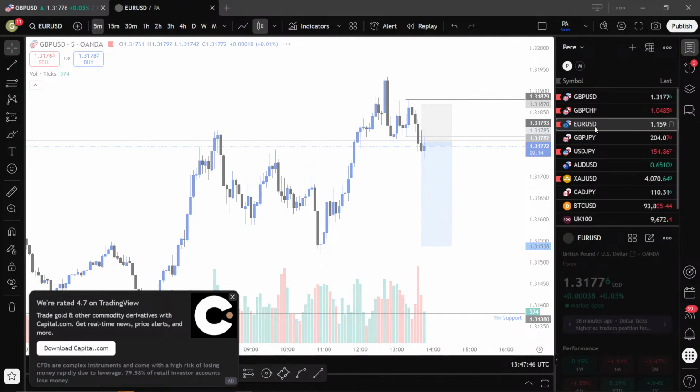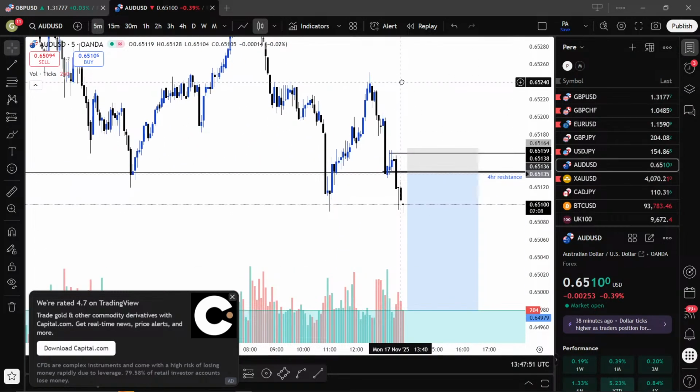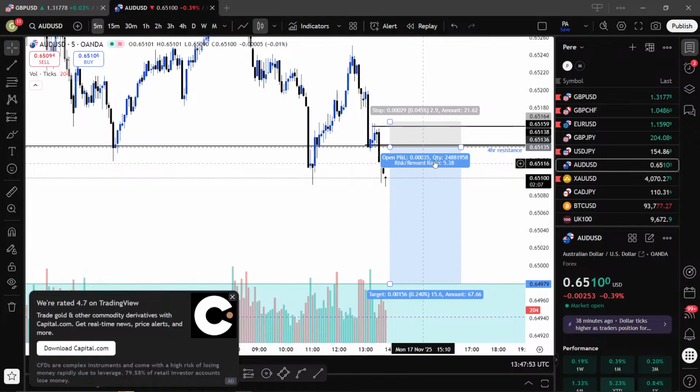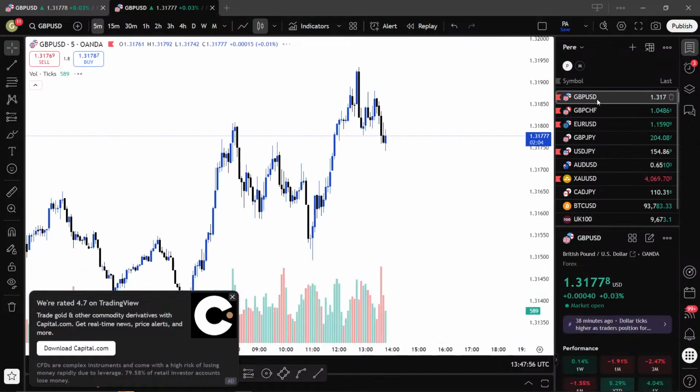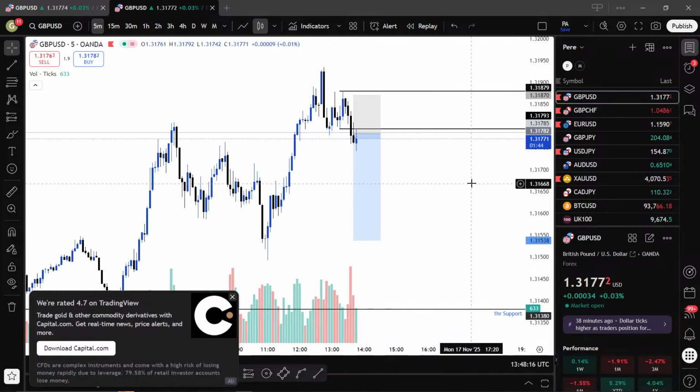So let me take a look at AUD USD. AUD USD hasn't made any sort of retracement yet. So let's hold GBP USD, which is the one we took during this live, and see what happens with it. Okay, it's selling back already, so we just keep holding it.